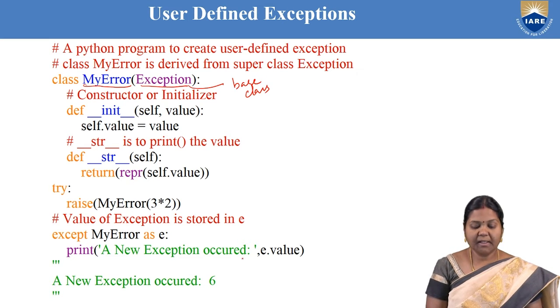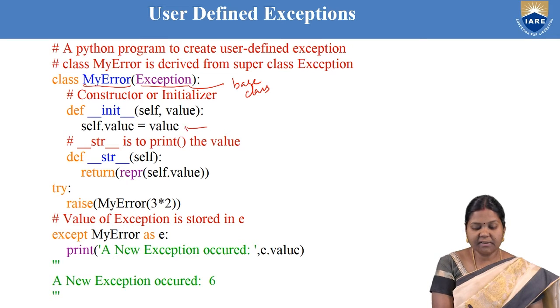So the superclass, or base class, is Exception, and MyError is the derived class. Here we are overriding the __init__ method of the base class, writing our own constructor __init__, in which we are initializing a value. Here self.value is our instance variable.